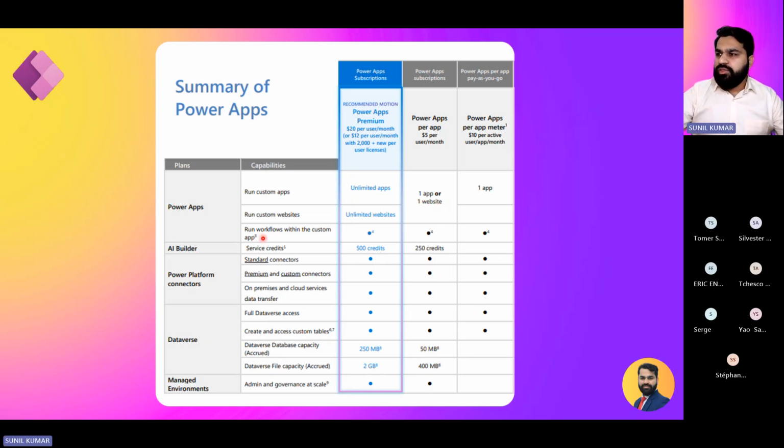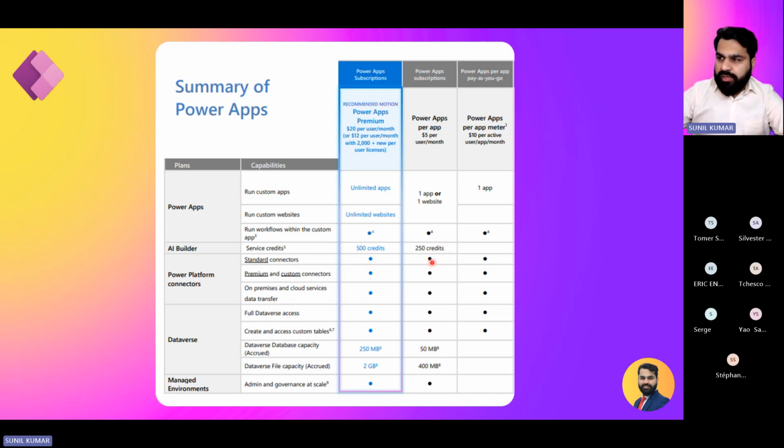Then these users will be able to run any of the workflows within the custom application also, right? What does this mean, running the workflow with custom application? I will talk about this when we talk about Power Automate licensing. Okay. So from the AI Builder credits perspective, 250 such credits per license will be allocated to the tenant.